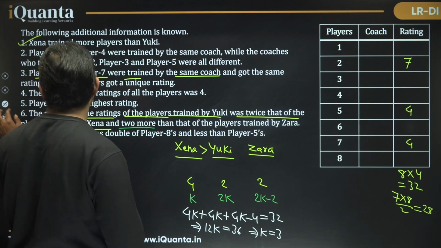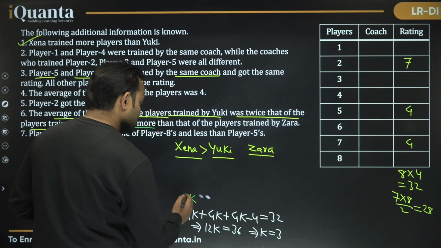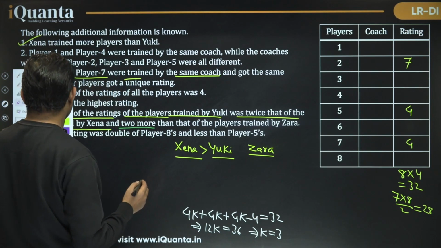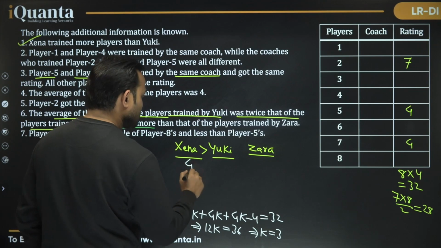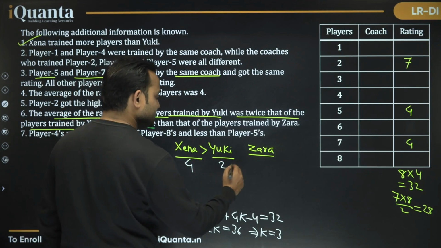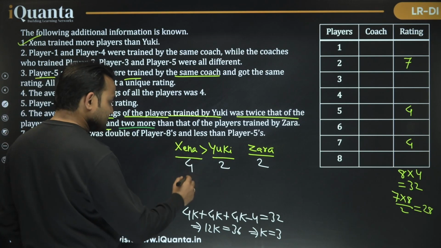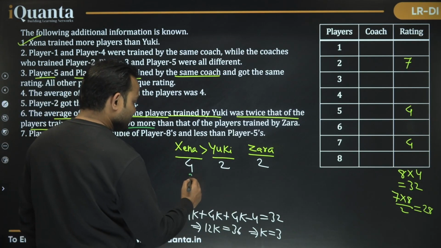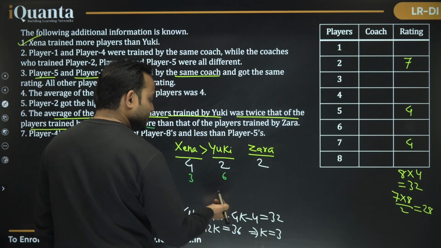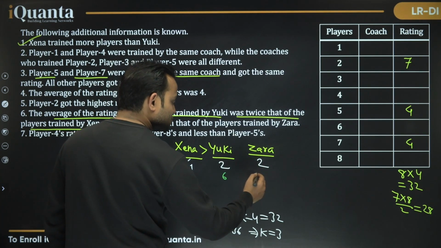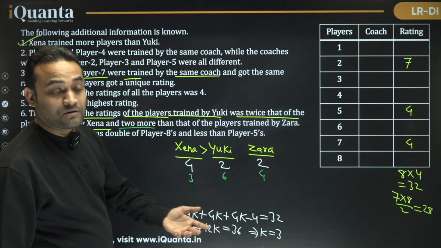So now we got the number of players: coached by Zina is 4, Yuki 2, Zara 2. The averages in this case will be 3, this will be 6, and this will be 3 into 2 minus 2, which is equal to 4, right?